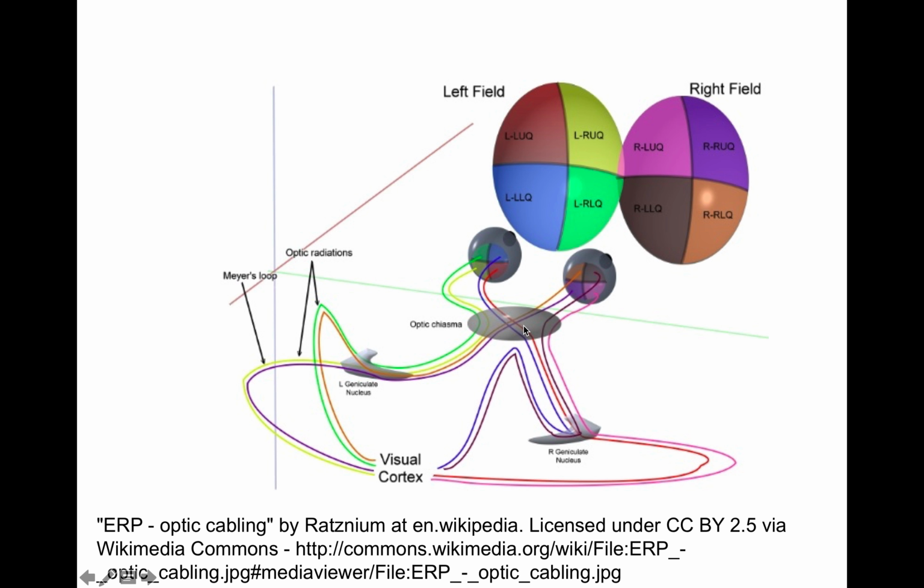So if you have a tumor or something that knocks out your visual field here, you're going to get a different pattern of damage to your visual field than if you have damage occurring here or here. So a stroke along the visual pathway can sometimes tell you where the damage is occurring, if you're able to analyze the type of responsiveness that the person is actually having.